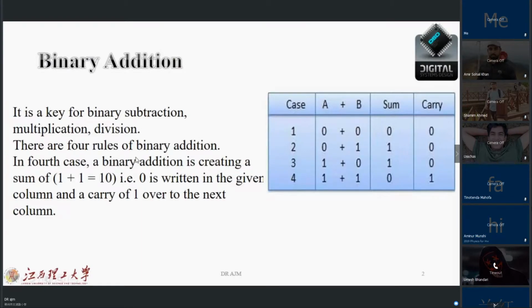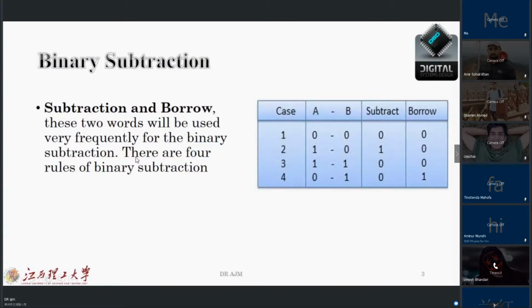For binary subtraction, we also have some rules. 0 minus 0 is 0, 1 minus 0 is 1, and 1 minus 1 is 0. Okay, till this time we are fine. And 0 minus 1 is 0, 1 with a concept that we call borrow for subtraction, and one concept that we call carry in the addition section.